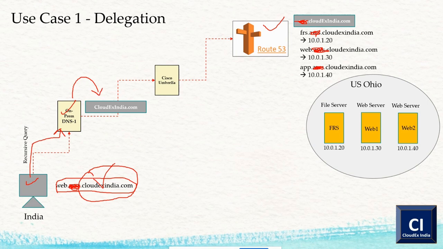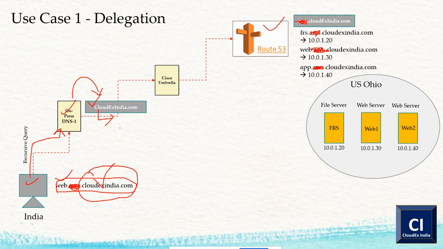The moment it goes inside the database, it finds the zone cloudxindia.com. It says, okay, I have the zone, what is your query? I said my query is web. So it said, let me look into my database, is there any record I have created or not? So it looked into the database but didn't find any record.